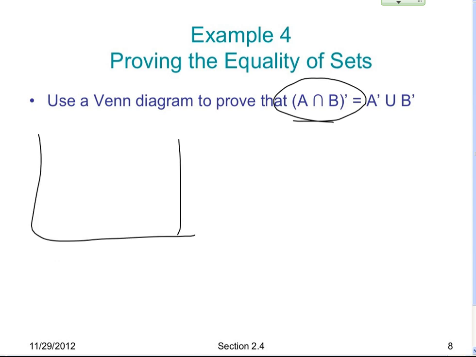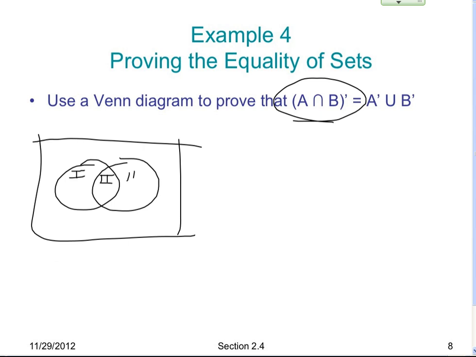We're going to have a region, and we have A and B. We're going to label our regions 1, 2, 3, and 4. A intersect B is where they overlap. That would be region 2. And we need the complement of that, so that's anything outside of region 2, which is regions 1, 3, and 4.